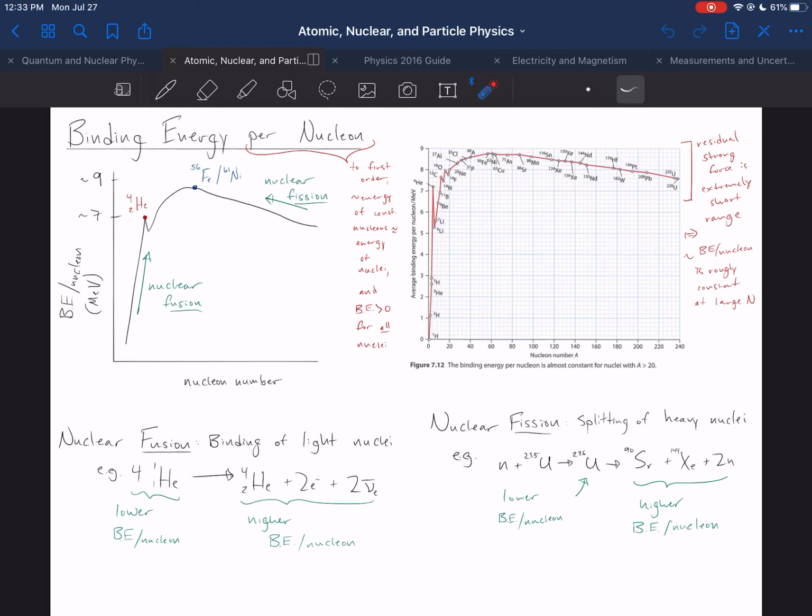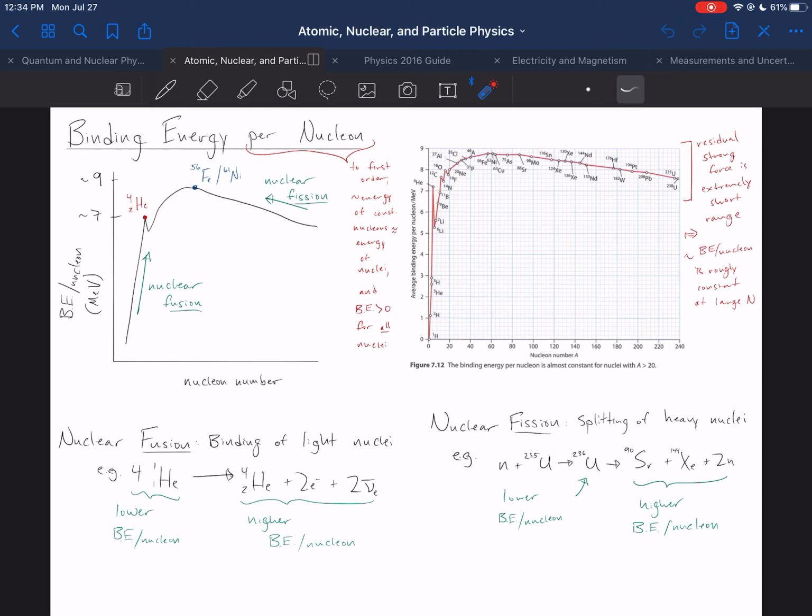So this chart shows the binding energy per nucleon, not the total binding energy of a nuclide, which inevitably goes up as you get bigger nuclides, but how efficient it is as an arrangement of nucleons. This graph tells you the answer to the question, how much energy do you get out if you have millions of nucleons by arranging them all into helium or all into iron or all into uranium?